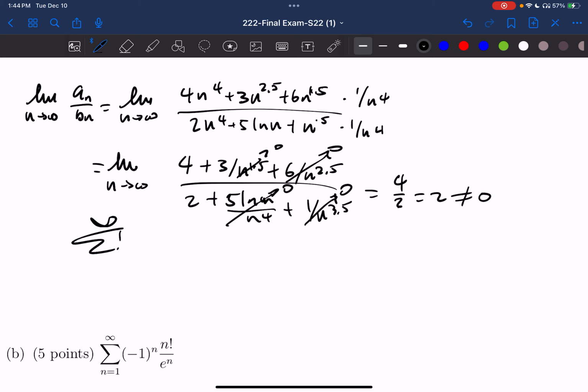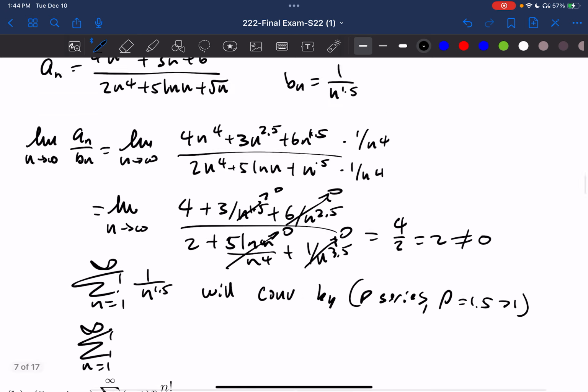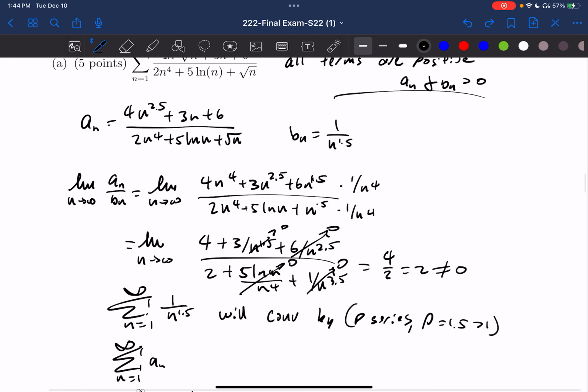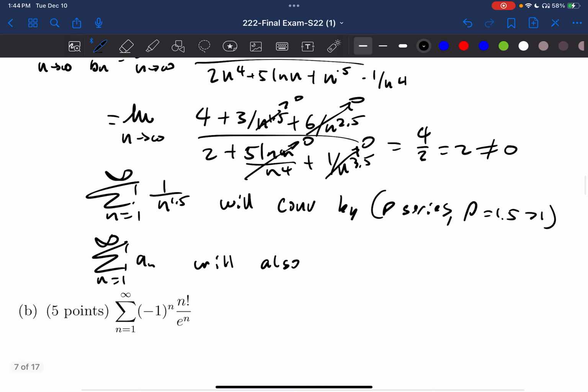Therefore, we can conclude, because the summation of 1 over n to the 1.5 power will converge by p series, where p is equal to 1.5, which is greater than 1, therefore a of n, which is all this, I don't want to write all that, will also converge by limit comparison.